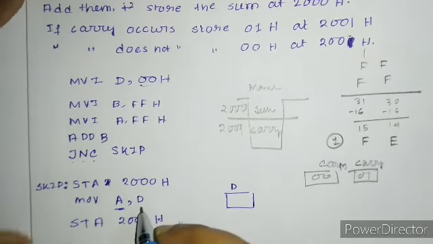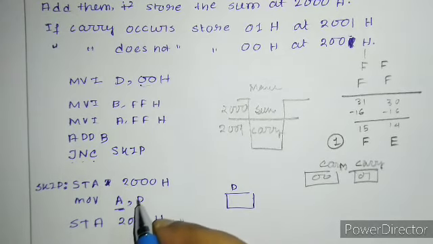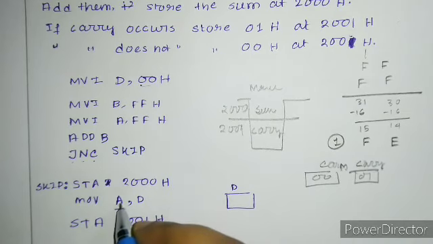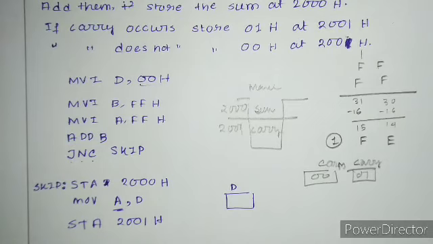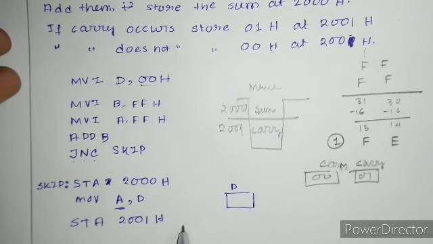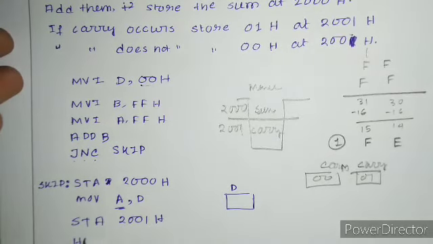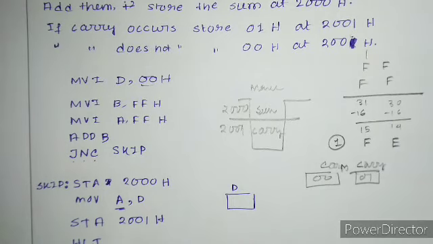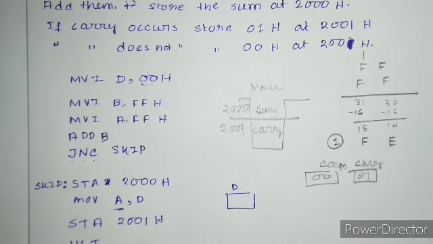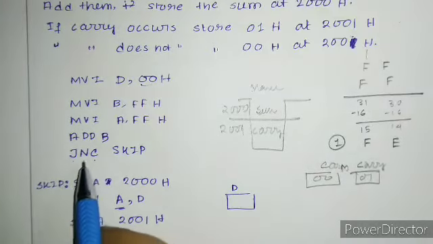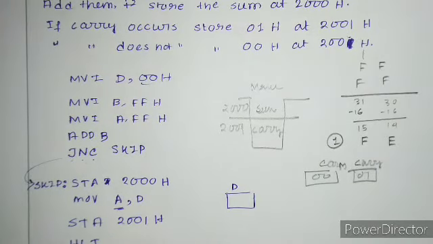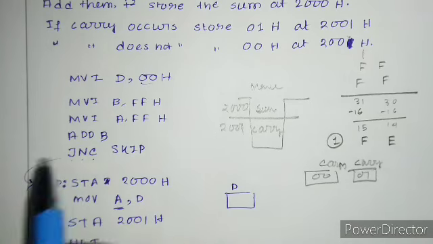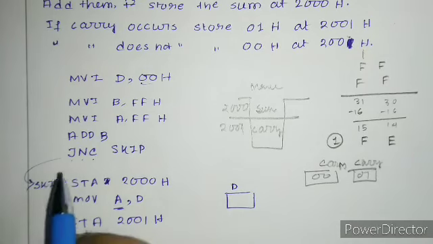Whatever carry occurs, copy that value to A and then show the value of the carry at location 2001H. And then our program halts. So if jump if not carry, then skip to this. What if carry occurs?